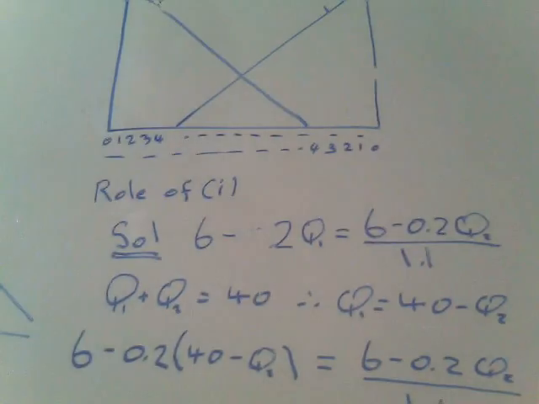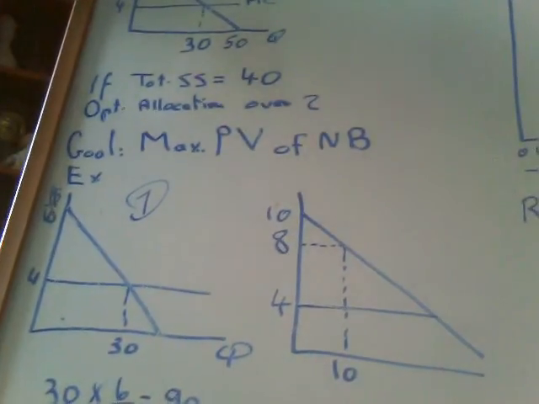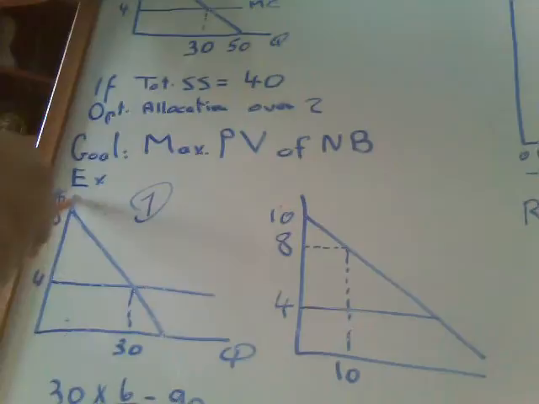The marginal cost was 4. What was the highest price? It was 10. So the highest price in this case is going to be 10 minus 4, which is 6. That is to say, we're going to be taking this particular diagram and we're going to be flipping only this part.